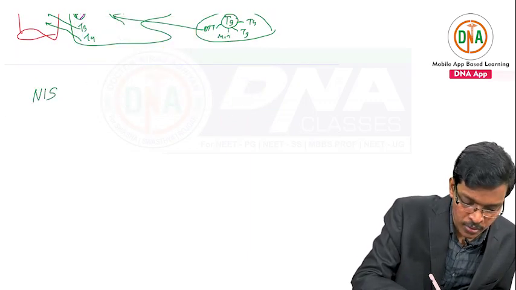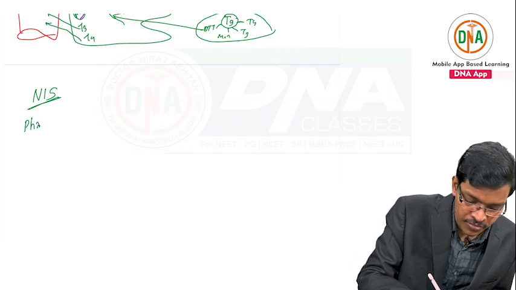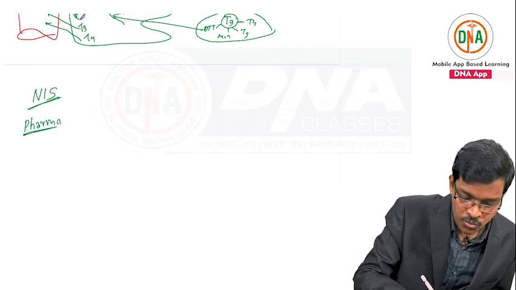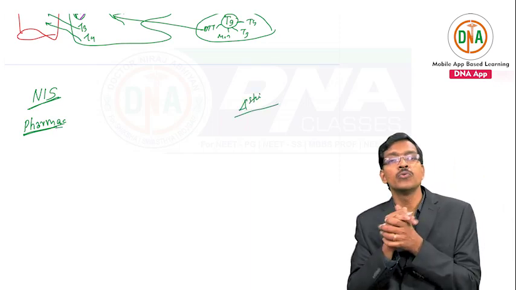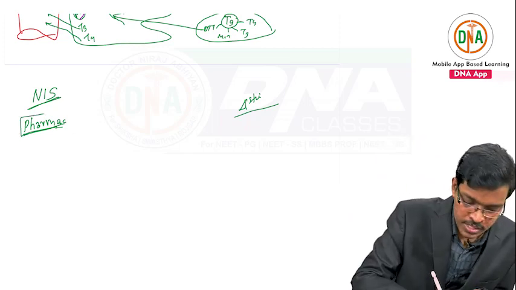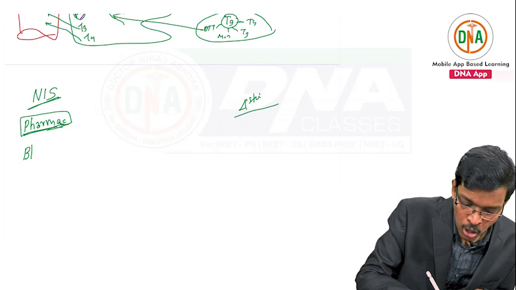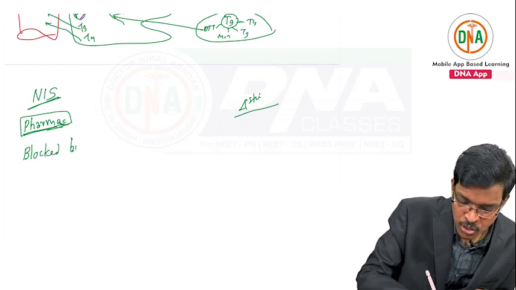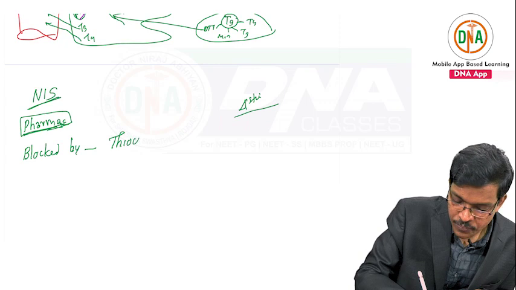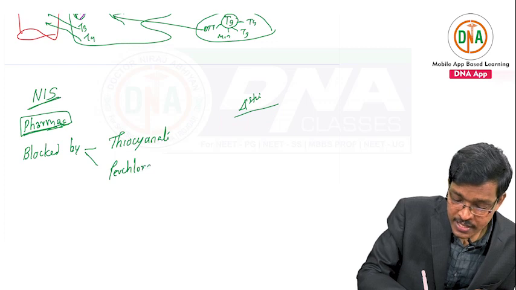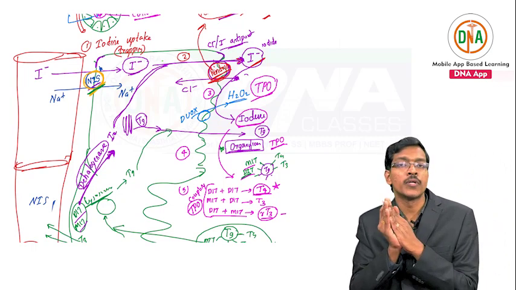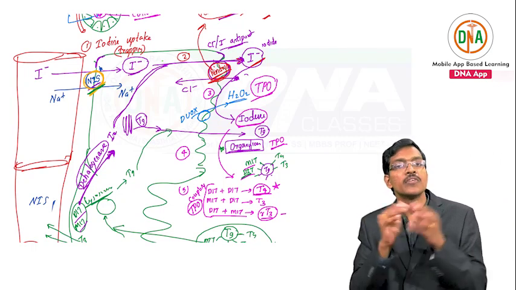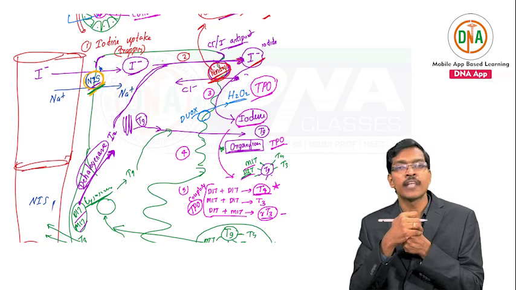NIS, the sodium iodine symporter, has one pharmacological significance and also one diagnostic significance. From the pharmacological point of view, it is important because NIS is blocked by thiocyanate and perchlorate. They compete with iodine for the sodium iodine symporter, so practically they block iodine transport into the thyroid follicular cells.